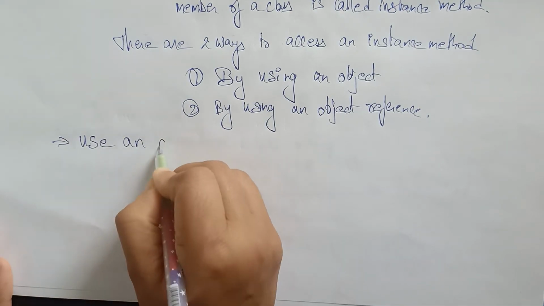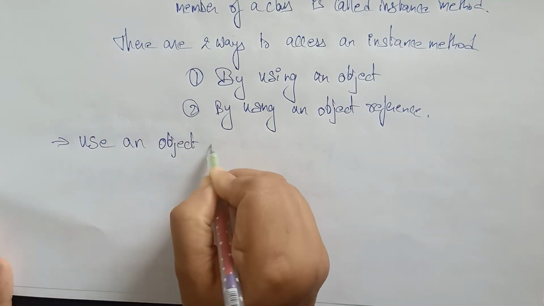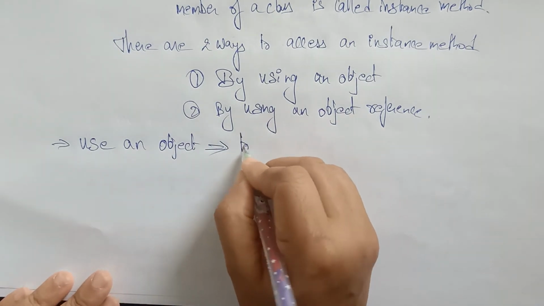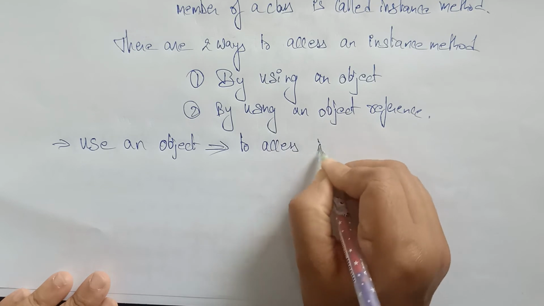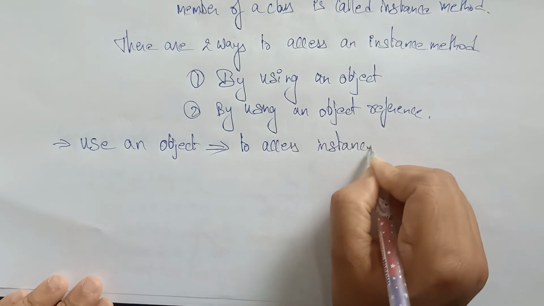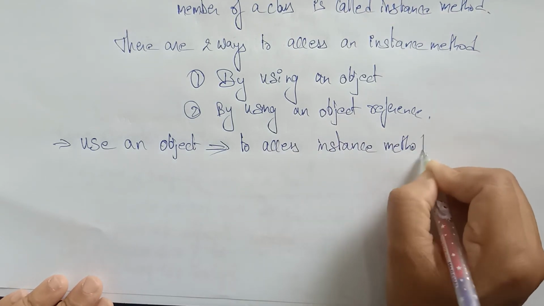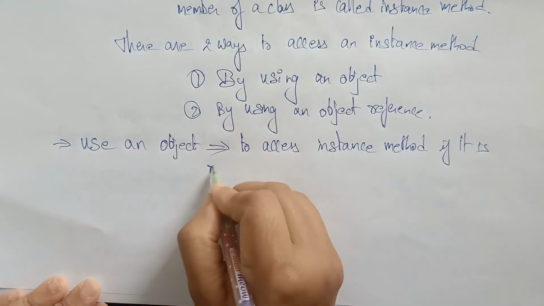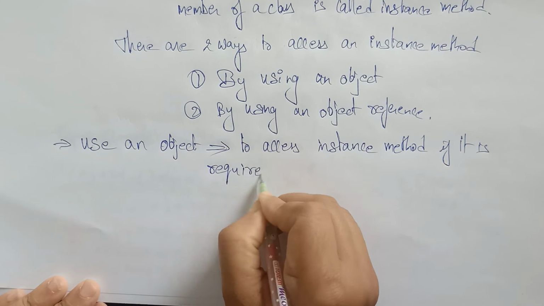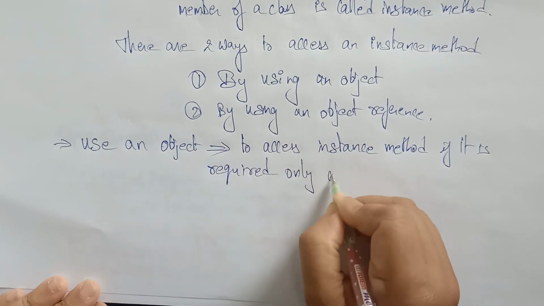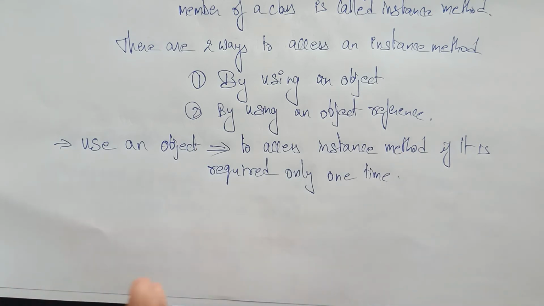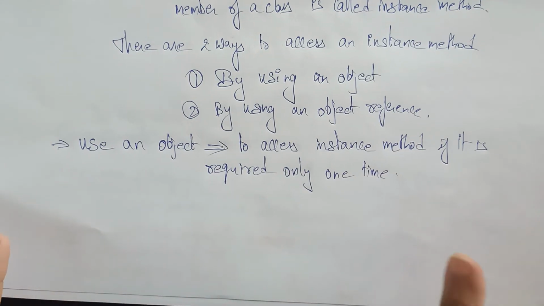When to use an object? Use an object to access an instance method if it is required only one time. If you want to access it only one time, one time execution, then go for the object only.